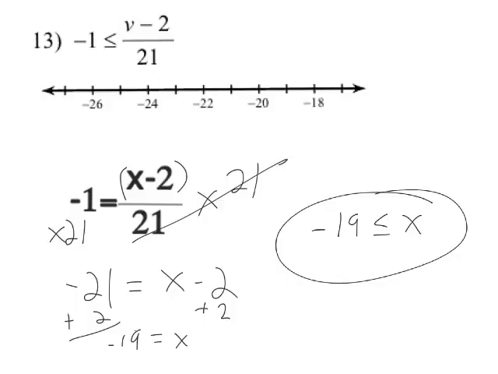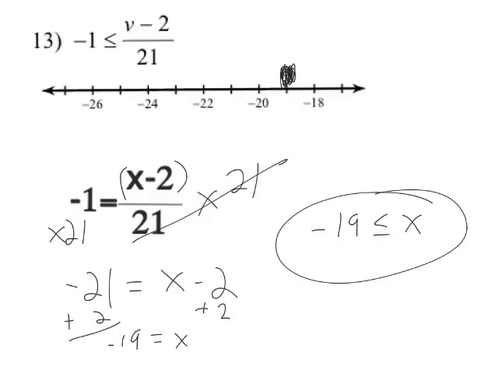So I'm going to go to negative 19 and circle it. Will it be filled in or not filled in? Filled in. The reason is there's a line underneath my inequality sign. That's what makes it filled in, because it means it can equal 19.